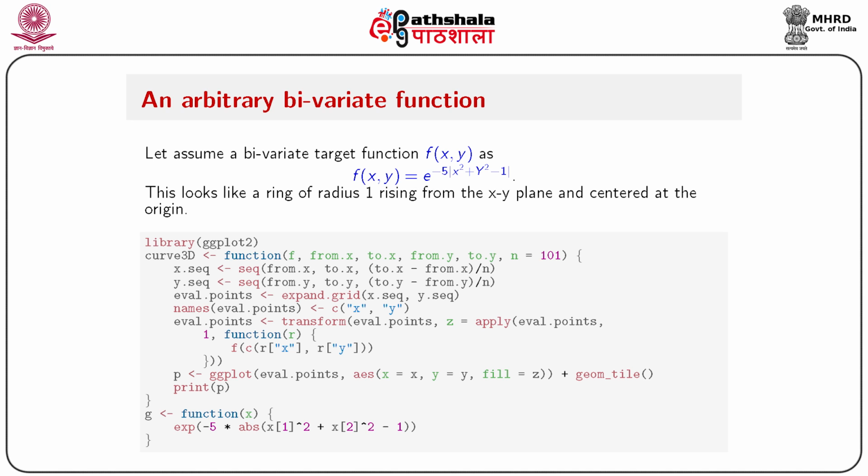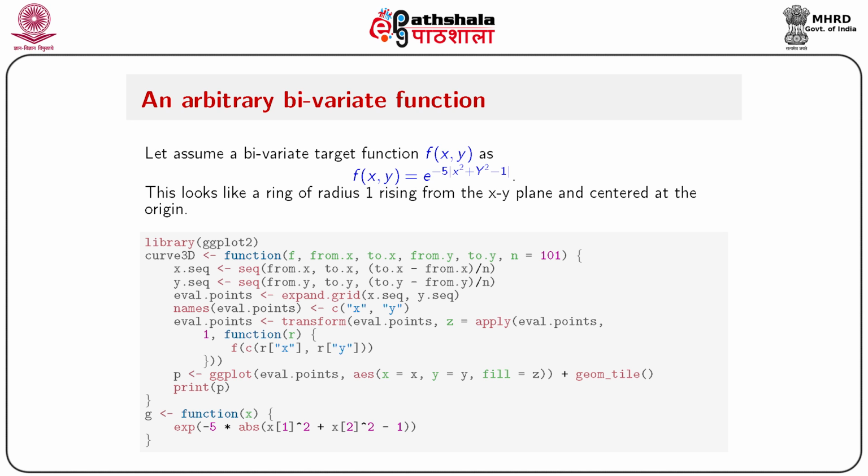And the fxy function is defined as g equals function of x, e to the power minus 5 times the absolute value of x1 squared plus x2 squared minus 1, where x is x1 and x2, that is x and y combined into a single argument with two components.